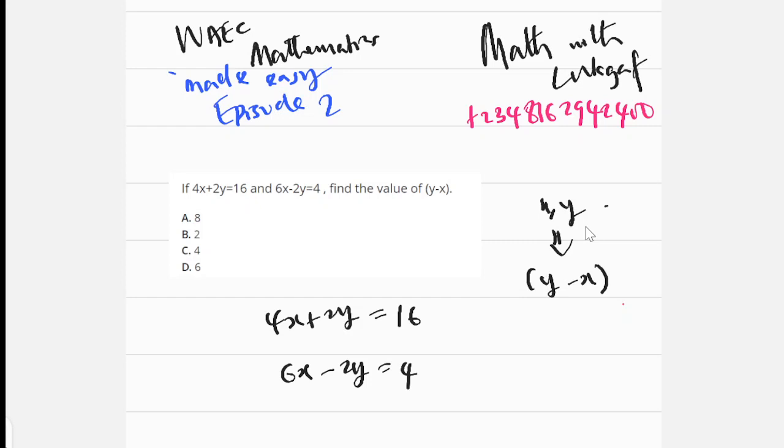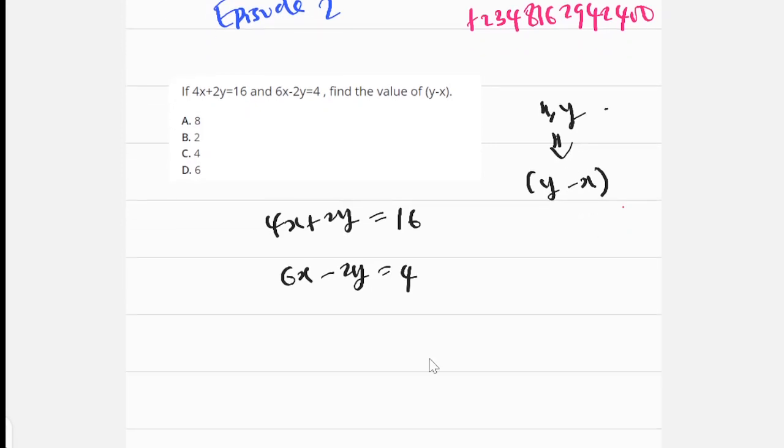Before I start, what is a simultaneous linear equation? We are all aware of linear equations. When we say linear equation, let's say I have something of this nature, x plus 1. This is an expression in terms of x. I hope you understand now.